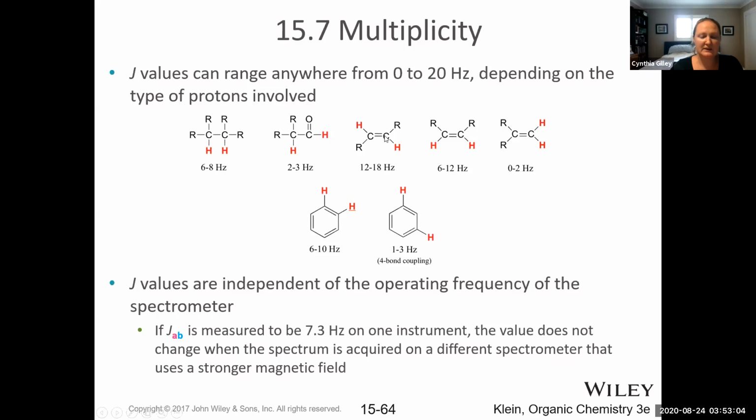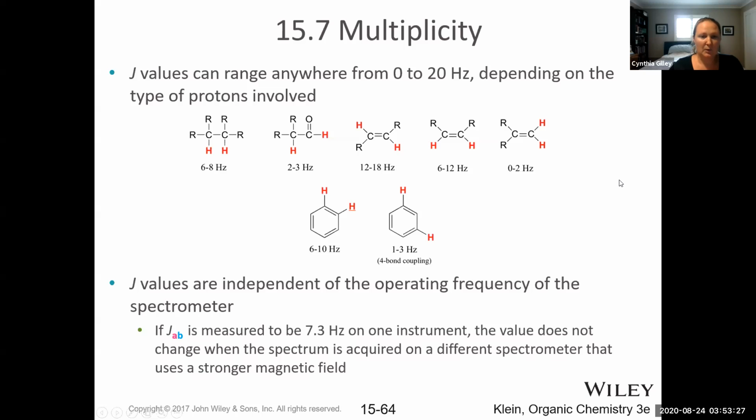If I measure the distance between the peaks, I can usually tell whether it's a trans alkene or a cis alkene, which is very helpful. Aldehydes have a very small coupling constant with neighbors, and these are some for the aromatic ring, but this is not particularly important.